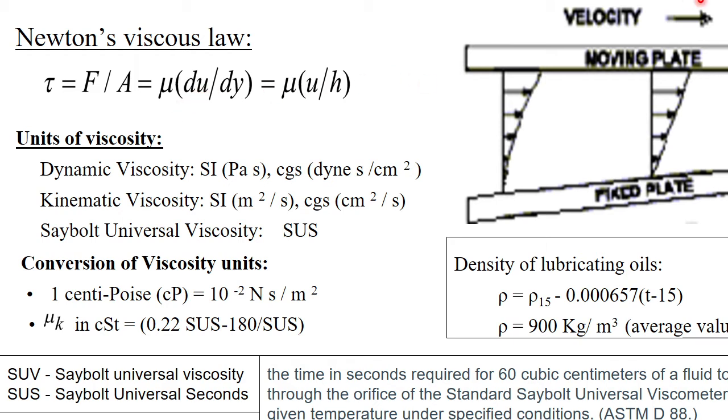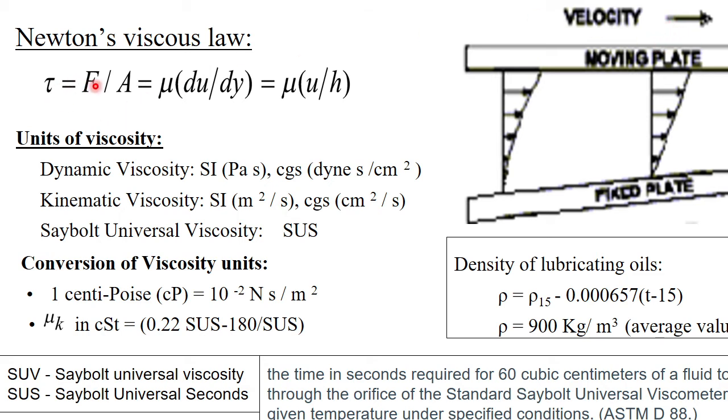Understand? Say u is velocity, this is the direction of u, and gradient means du by dy, this is the direction of y. And this is proportional to shear stress. Shear force means to move this plate, we need to apply a force to generate the velocity.